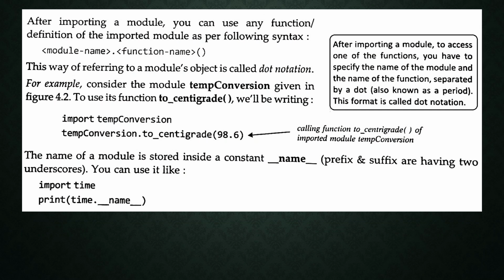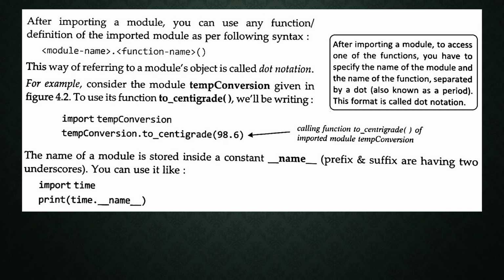See, in the previous program we can use temp conversion dot to Fahrenheit function or temp conversion dot to centigrade function. For example, consider the module temp conversion given in the above figure. To use its function to centigrade, we will have to write import temp conversion.